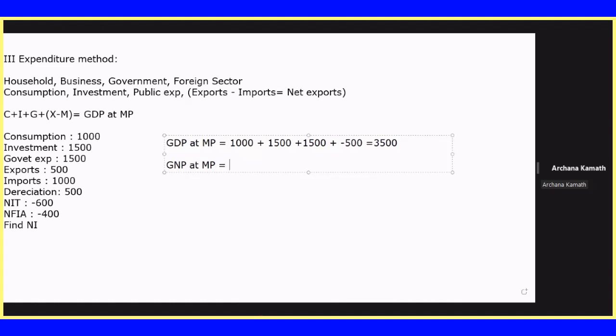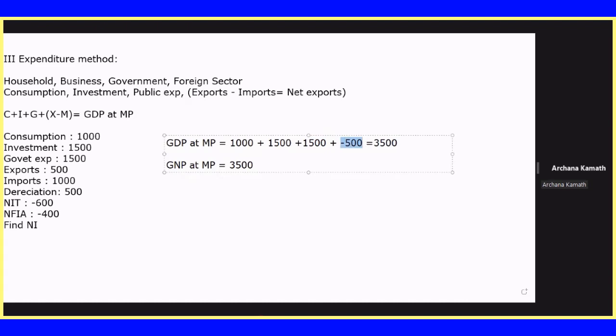I hope everybody is working on their own. Just copying down from the screen is not going to help you at any cost. GDP at market price: 1,000 is C, 1,500 is I, investment, and then government expenditure. Why negative 500 over here?